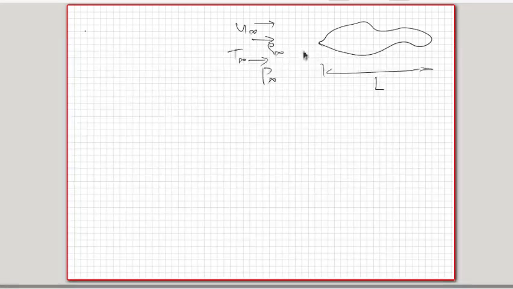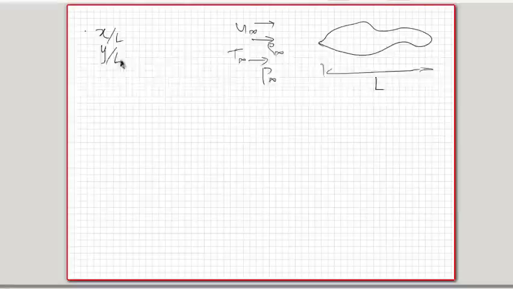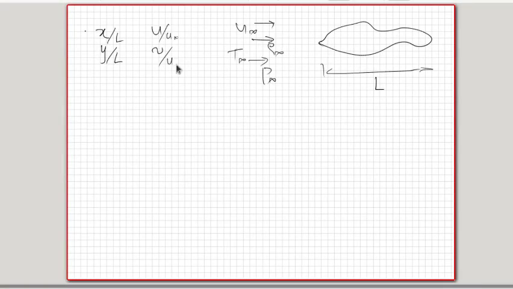Now, if this is the condition with which this comes, then I can actually normalize the x direction, y direction, these two length directions I can normalize with respect to the length. The velocity u and v I can normalize with respect to u infinity. Similarly, the temperature T I can normalize with respect to the temperature difference.